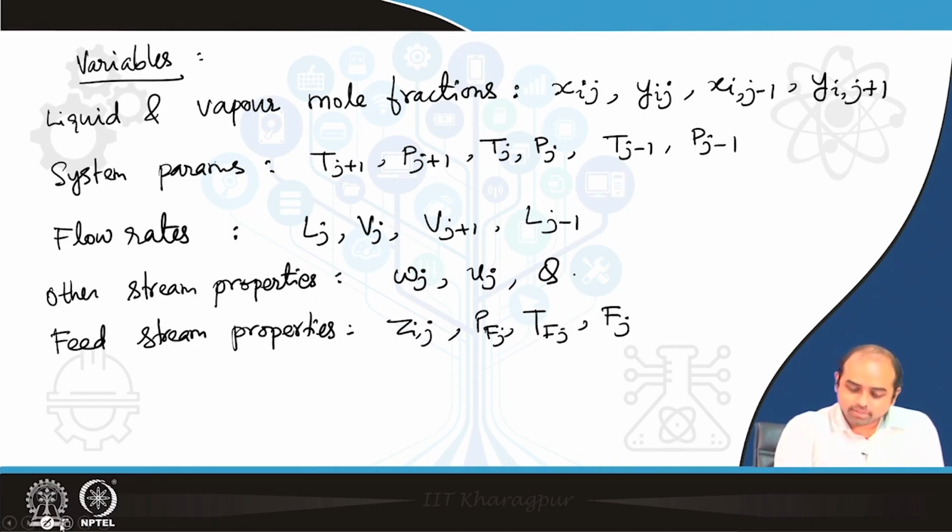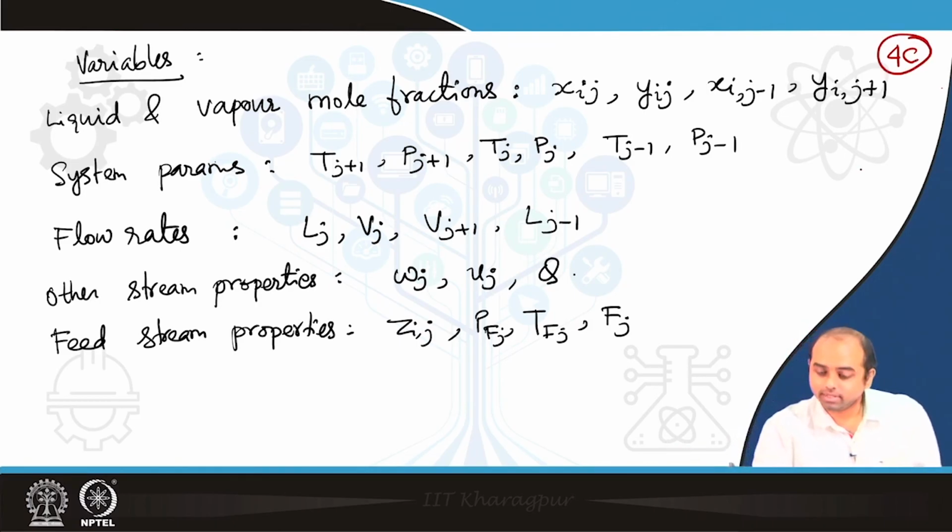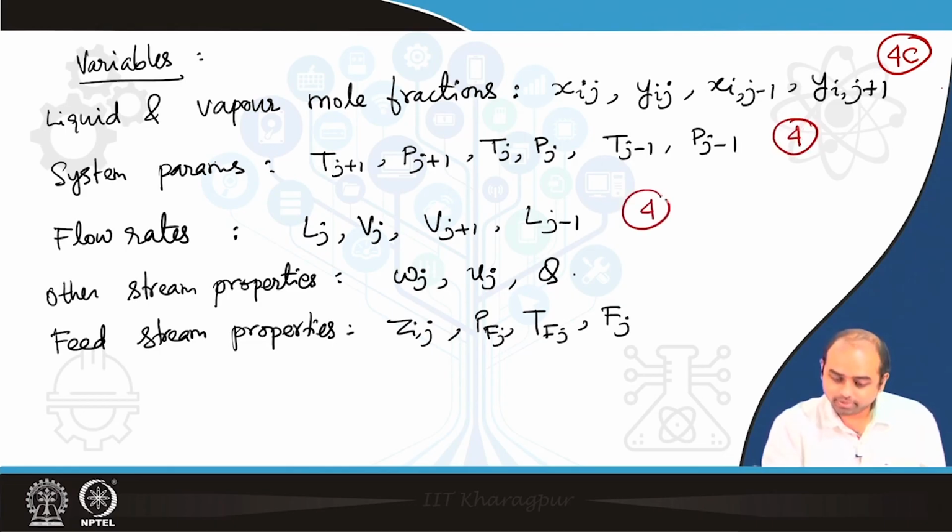So let us count the variables now. So from here, total number of vapor and liquid mole fractions you get, these are for each of the components. So it is 4C number of variables you are getting from here. Then from here you are getting 1 2 3 4 variables, here also 4 variables, right.